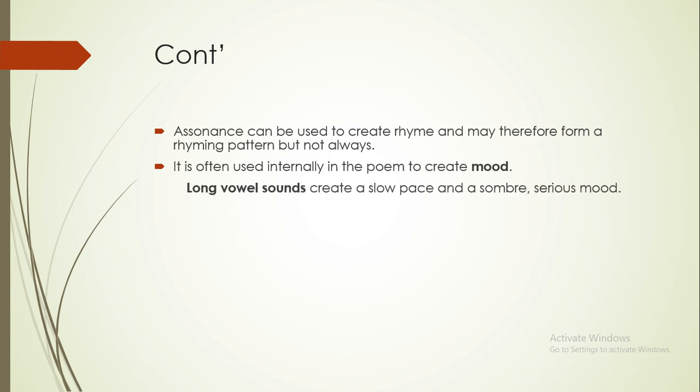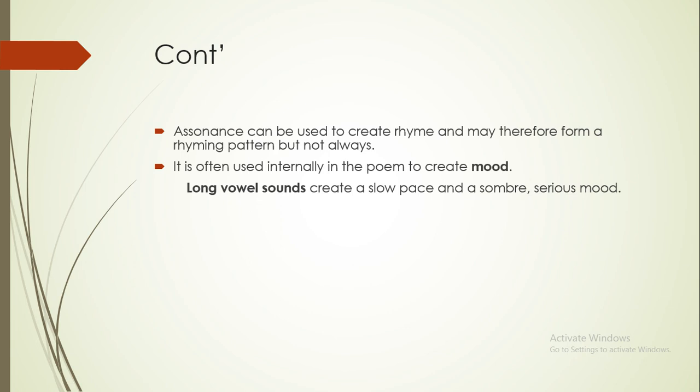So when we are looking at these vowel sounds, we normally have the long vowel sounds and we have the short, sharp vowel sounds. The long vowel sounds normally create a slow pace and a somber, serious mood. What is somber?